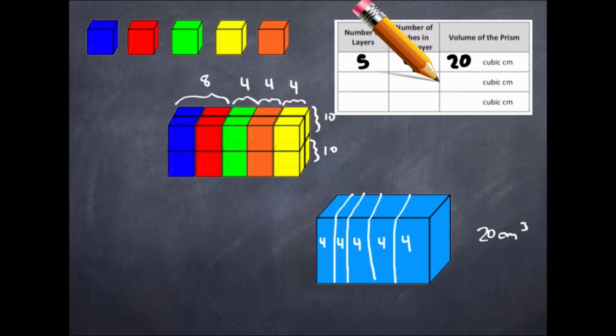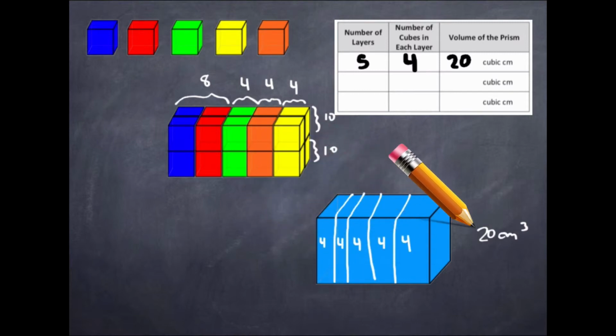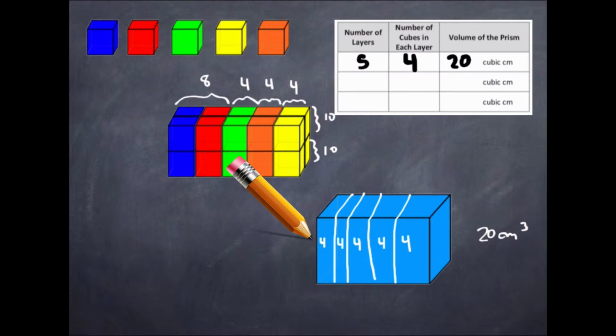20 centimeters cubed. Now, this way we partitioned them vertically, right? We made the slices vertically, if you will, kind of like a loaf of bread. When you cut it into slices, it's kind of like what we did here. But what if we were to go horizontally? What if we were going to cut this into cubic centimeters and cut it like layers in a cake or something like that? What would that look like?